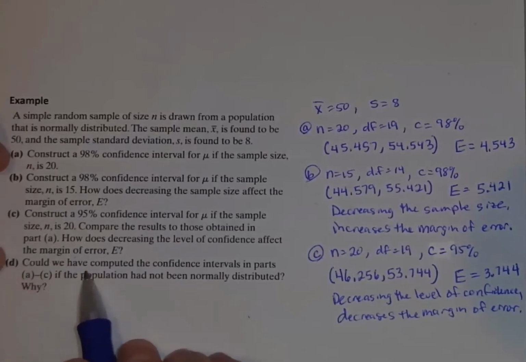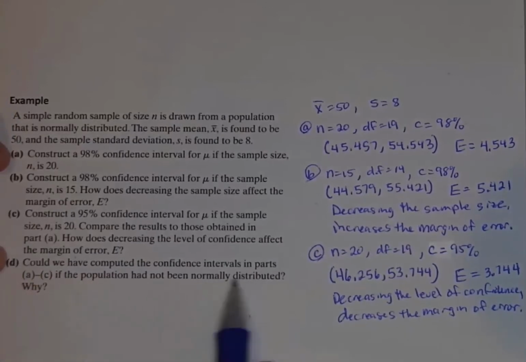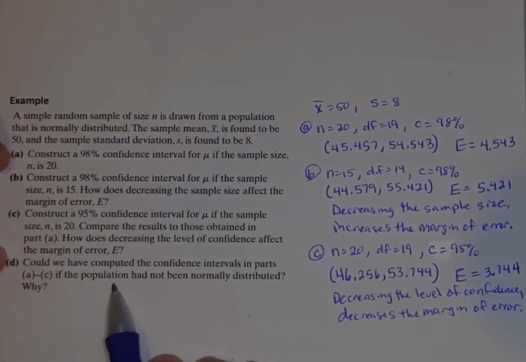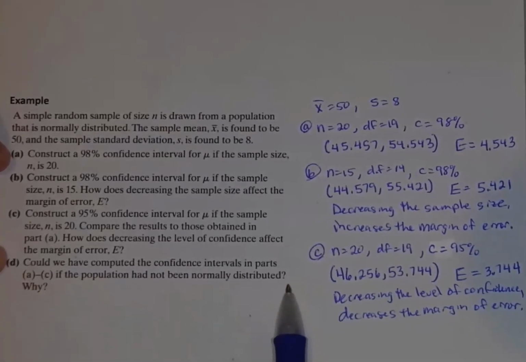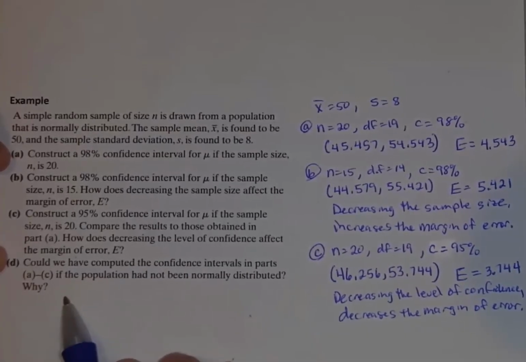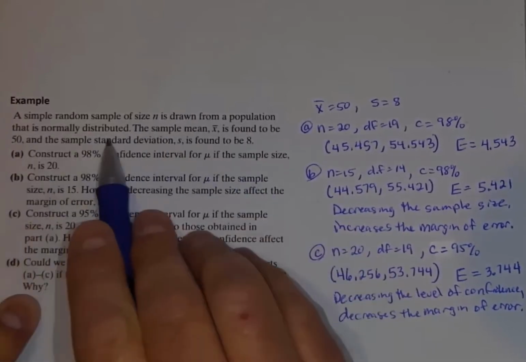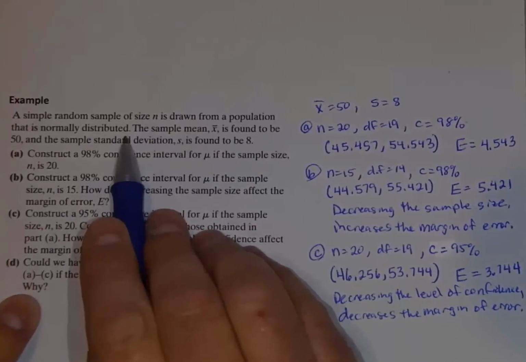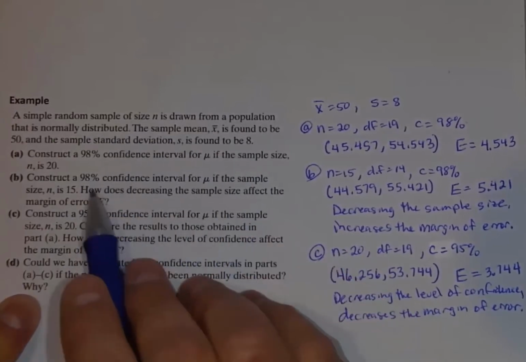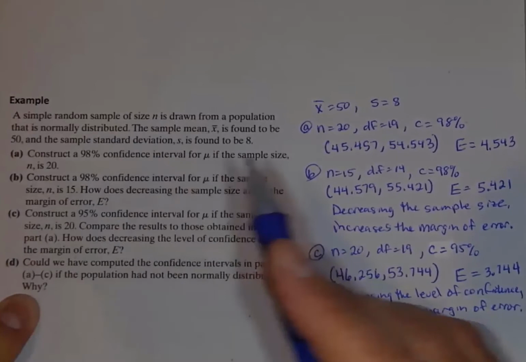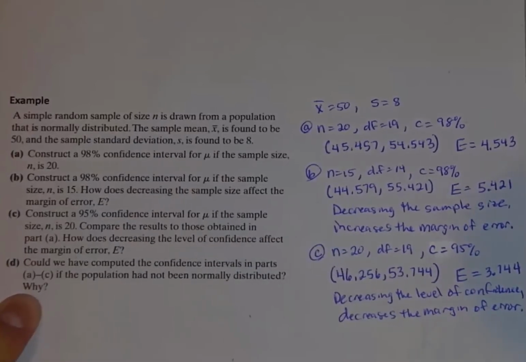D, could we have computed the confidence intervals in parts A through C if the population had not been normally distributed, and why? Well, they told us up here that the sample is drawn from a population that's normally distributed. In these cases, our sample sizes were 20 and 15. So we would not be able to do these because that's not big enough.